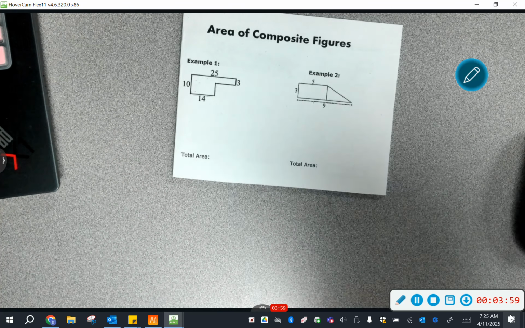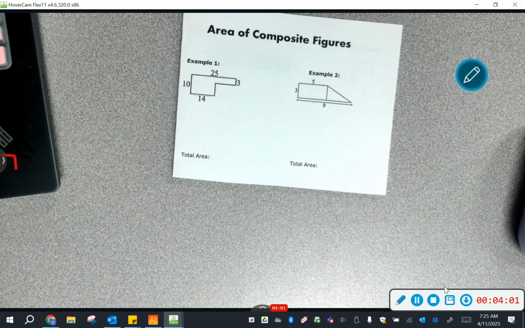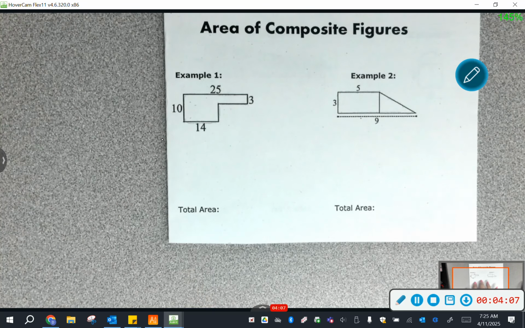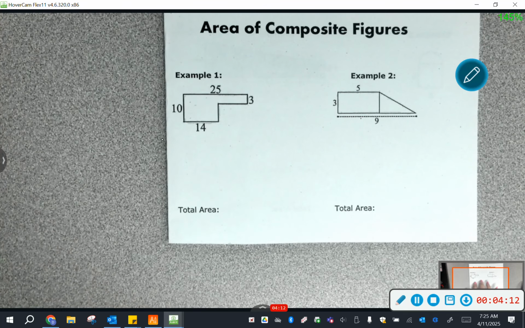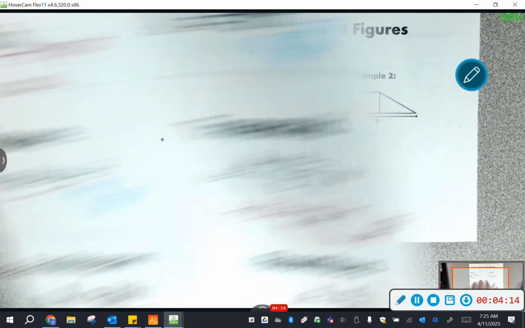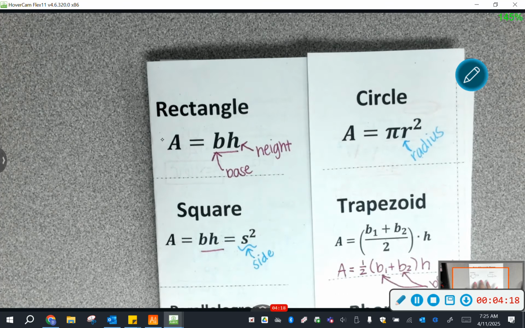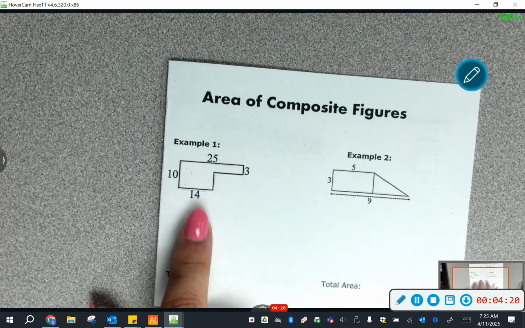The word composite figures, what it means is it's if you take multiple shapes and put them together. Do you agree this shape right here is not one of the shapes that was on our flip book with all the formulas? Do you agree this is not just a rectangle or just a trapezoid or just a parallelogram? What is it?